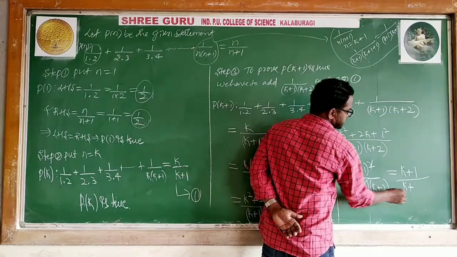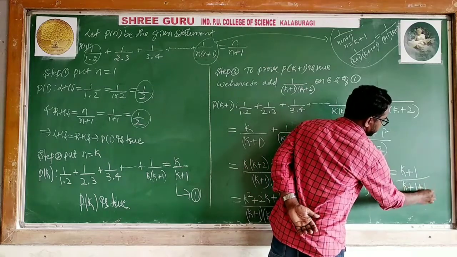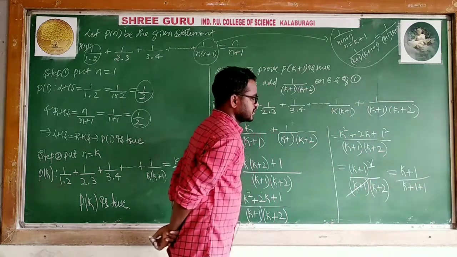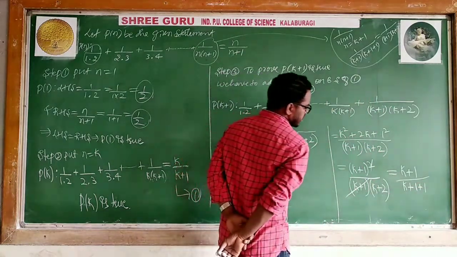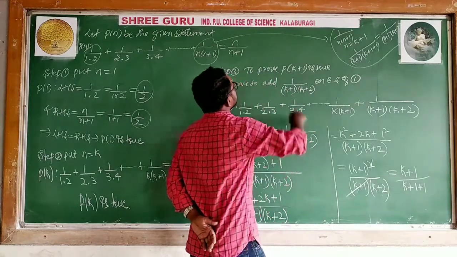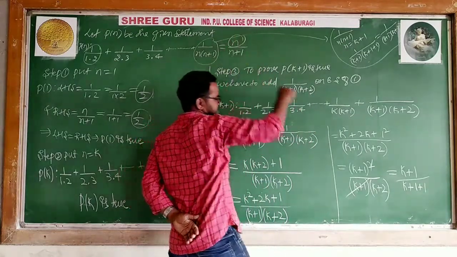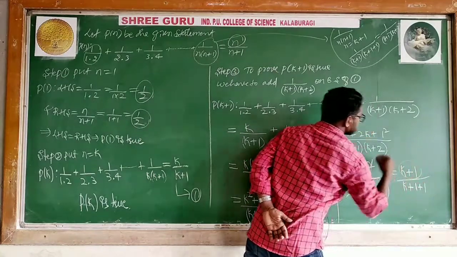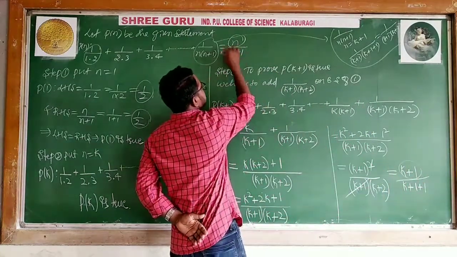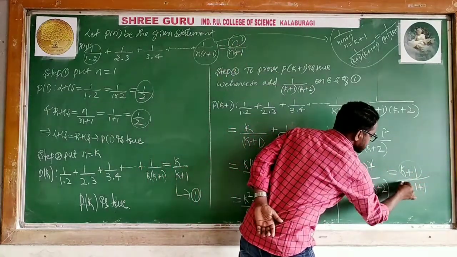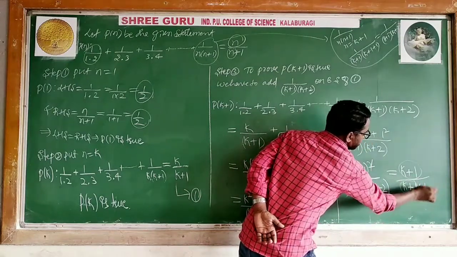Plus 2 can be written as 1 plus 1. Why? Because I need to show n is k plus 1. Here k plus 2 remains, so it becomes k plus 1 plus 1.